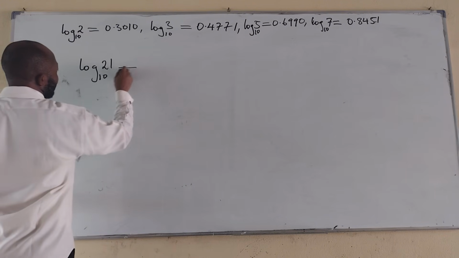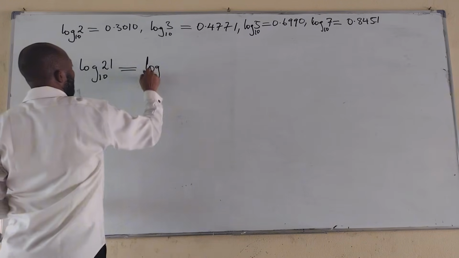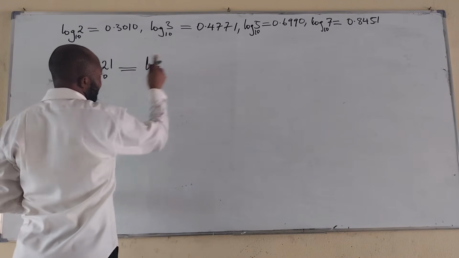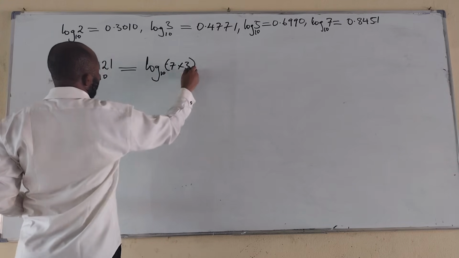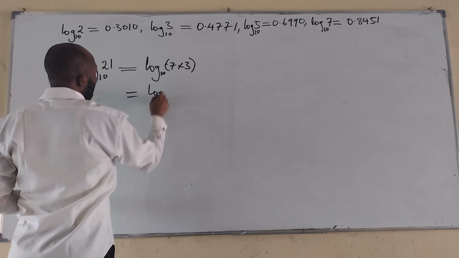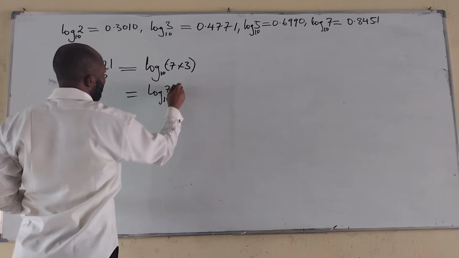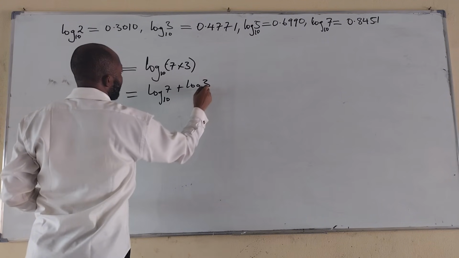This is the same thing as log of 7 times 3 in base 10, which is the same as log 7 in base 10 plus log 3 in base 10.